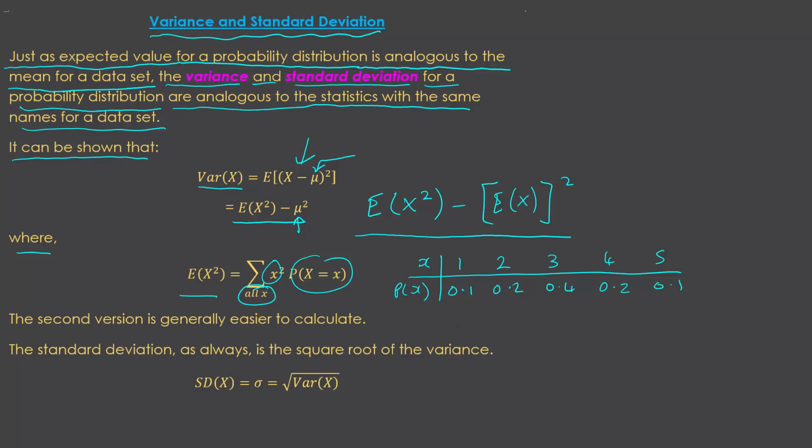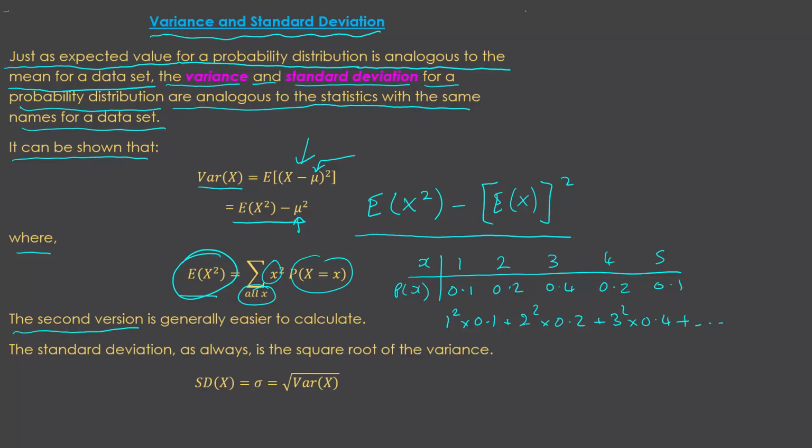We know for the expectation that we did 1 times 0.1 plus 2 times 0.2. For the expectation of X squared, that's going to be 1 squared times 0.1 plus 2 squared times 0.2 plus 3 squared times 0.4, and so on.